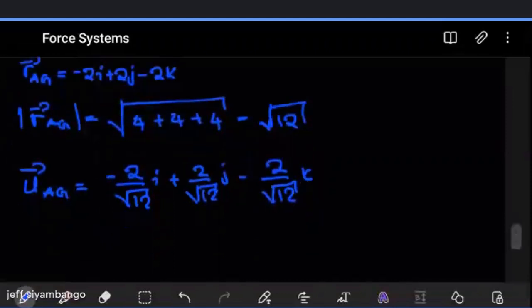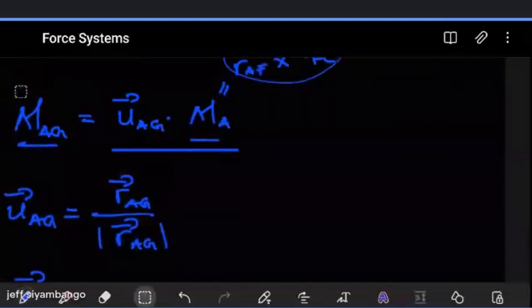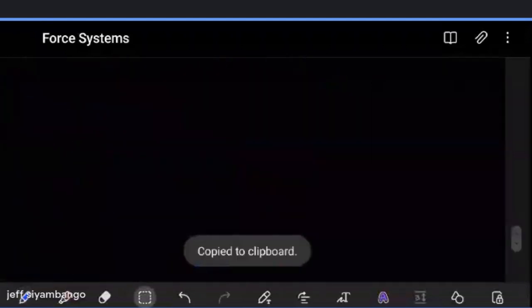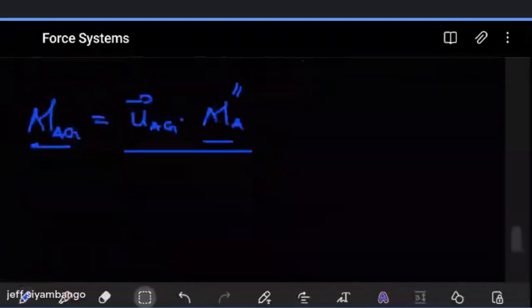Why did I need my unit vector? So that I could get its dot product with my moment about A. Since I now have my unit vector and my moment was calculated earlier on, I can bring them here and substitute.